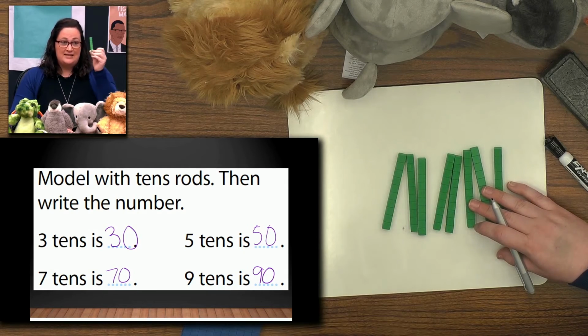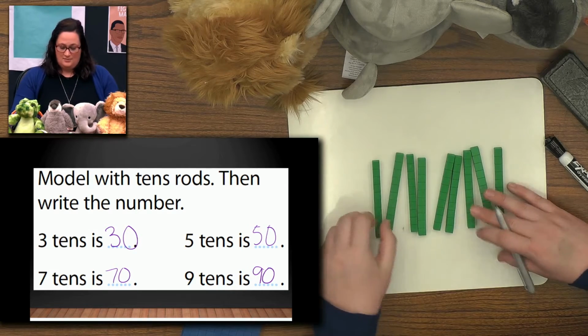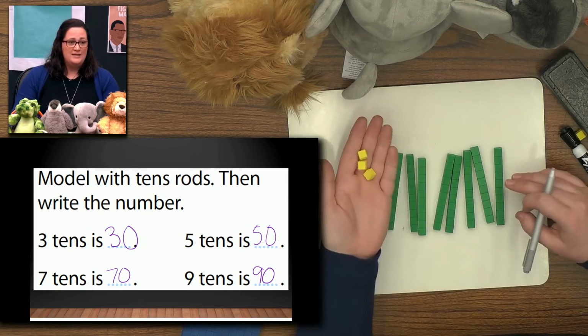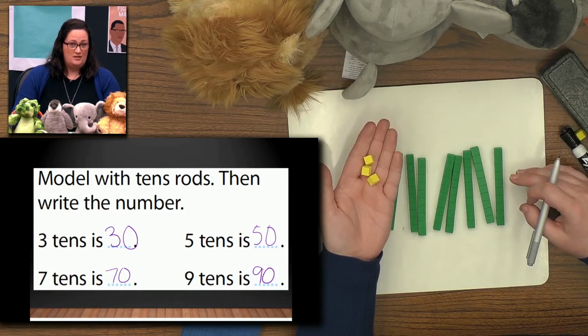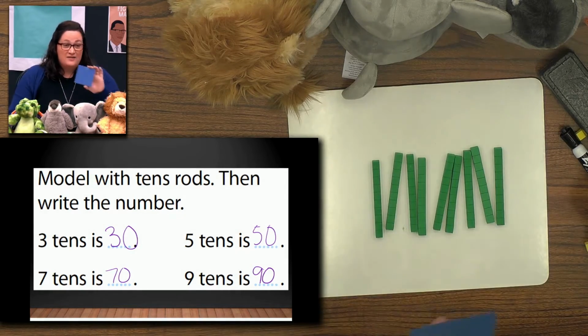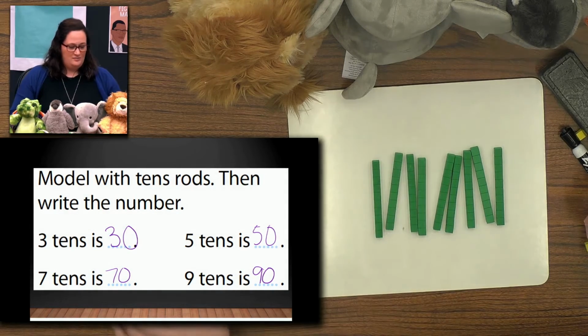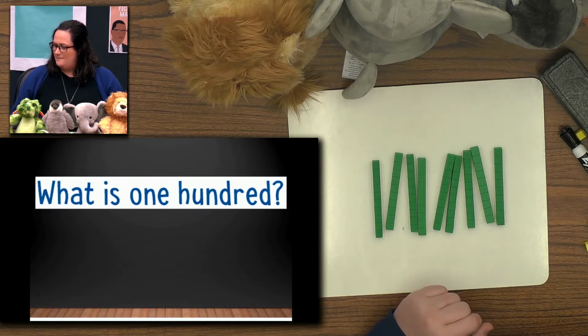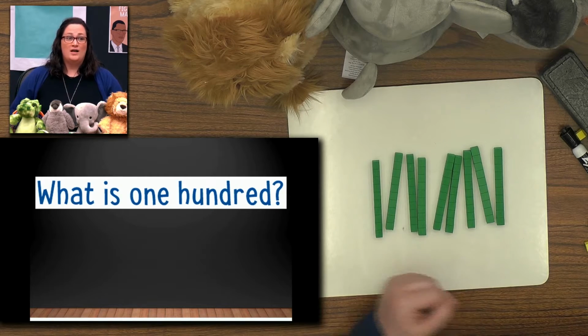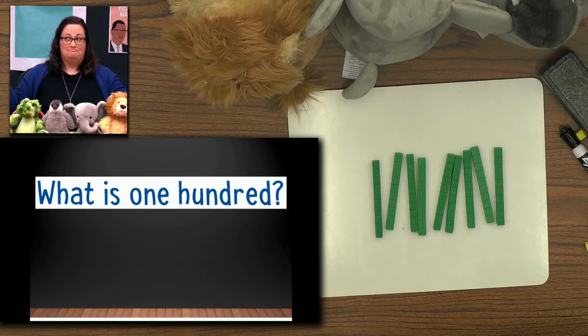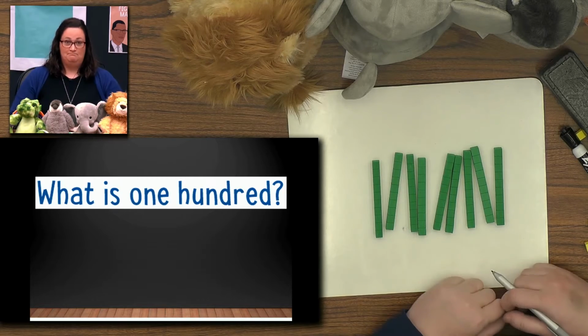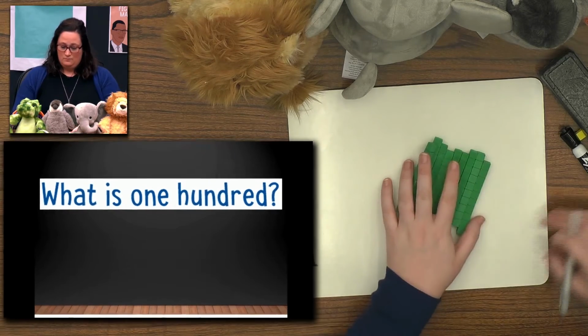9 of these 10 sticks is 90. 9 of these ones is just 9. And 9 of these hundreds, these ones right here, 900. Okay. What is 100? Private think time.